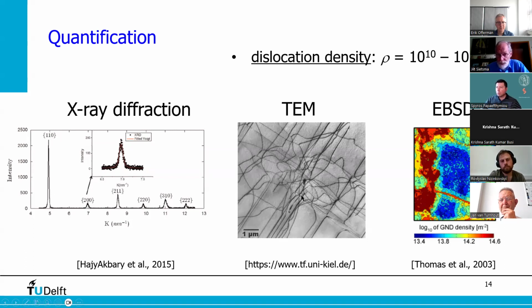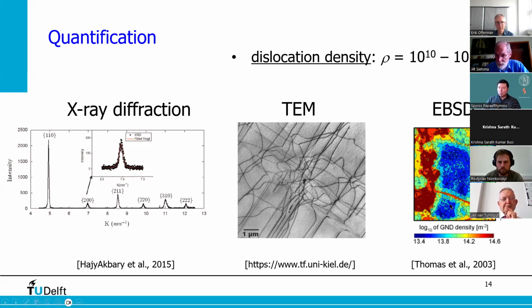TEM, as I showed before, has serious drawbacks in the sample preparation. In the first place, because it's very thin, you have a lot of surface, so dislocations can also escape to the surface. And you don't know exactly how thick the sample is. So quantifying dislocation densities from TEM is also rather difficult.